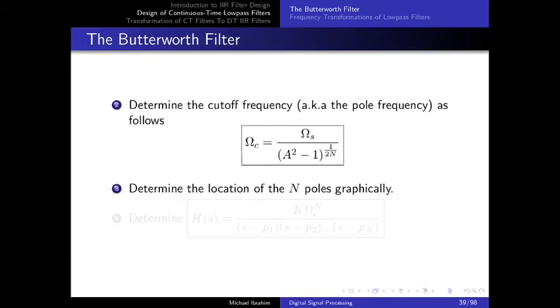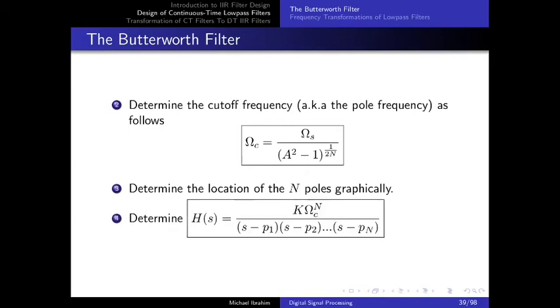We'll draw a circle in the s domain. The radius of the circle is omega c, and we will locate the poles on the left half of this circle, which lies in the left half plane in the s domain, and the poles are separated by pi over n, whereas the very first pole is displaced from the j omega axis by pi over 2n.